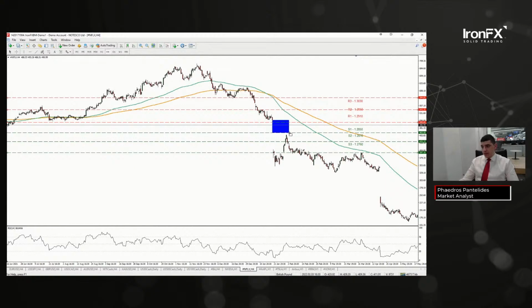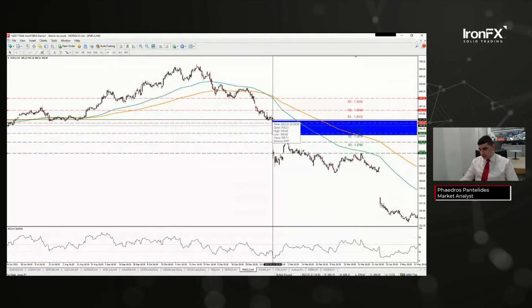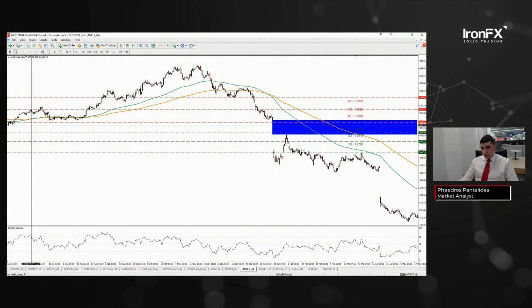So it broke lower. As you can see, it formed a gap. Now this was 16th of December 2022.